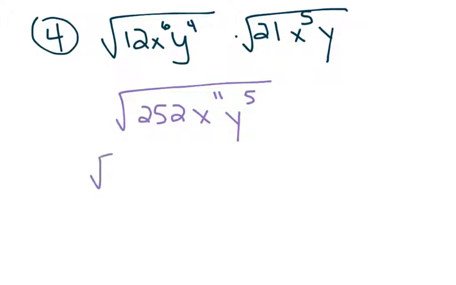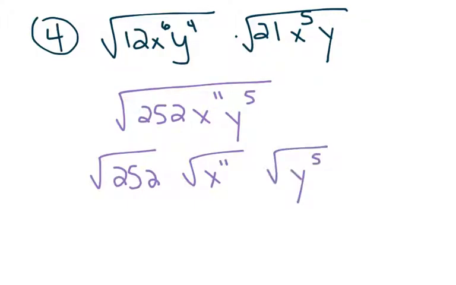Now we're going to take the square root of each of these. Now, what happens when you want to take the square root of a variable, but the exponent is odd? Because square root is easy. You can just divide the exponent by 2, but 11 divided by 2 is 5.5.